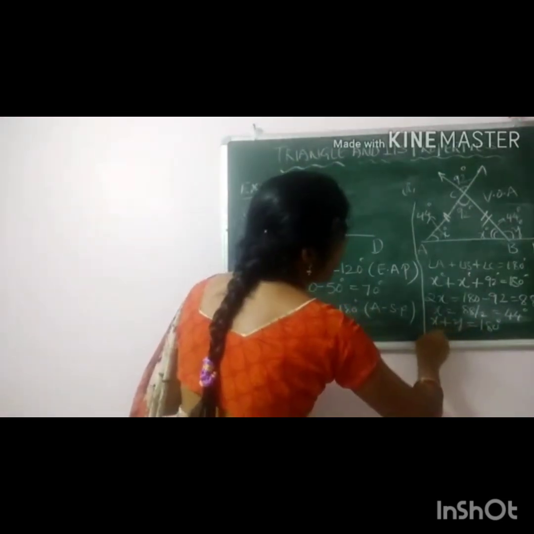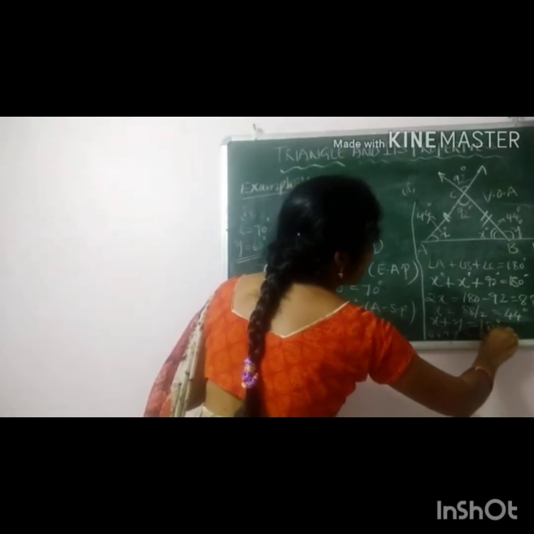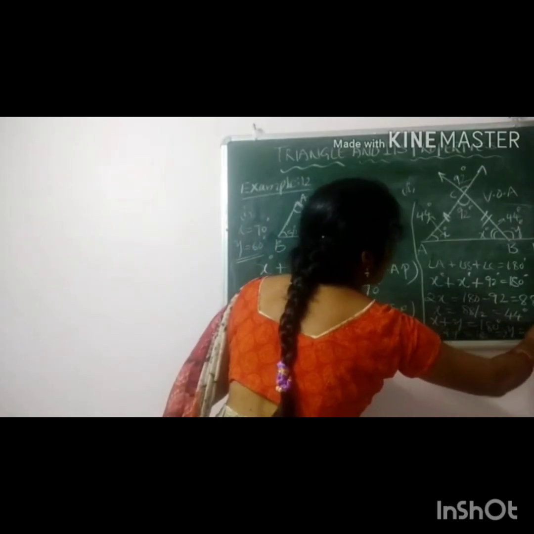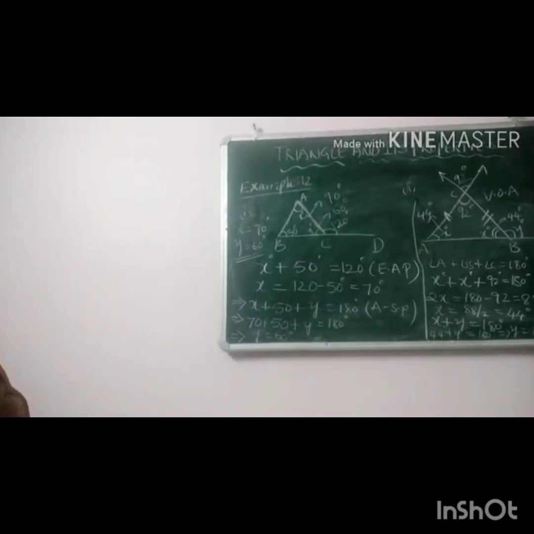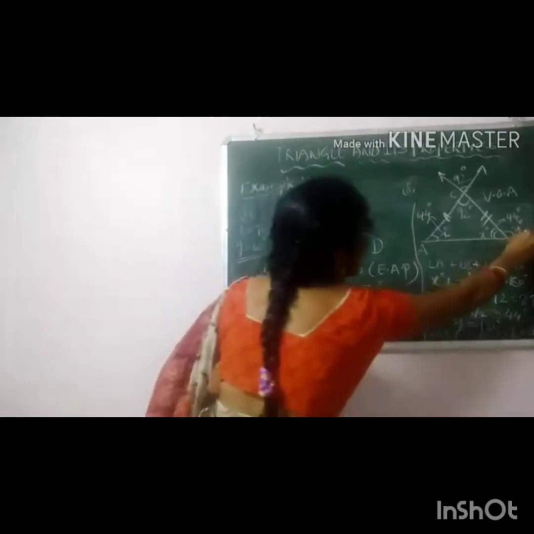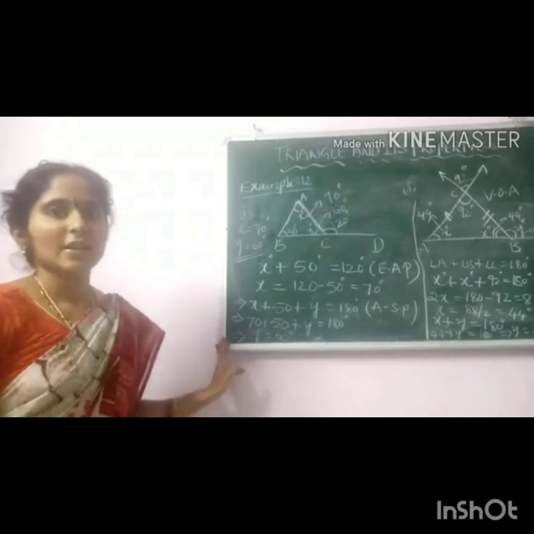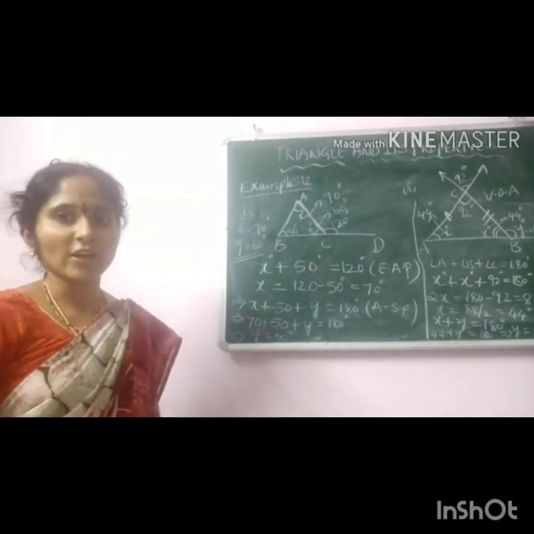So x is 44 plus y, which we don't know, is equal to 180. Then y is equal to 180 minus 44. What is the value of 180 minus 44? 136. So the y value is 136 degrees. Like that we should find the values of x and y.